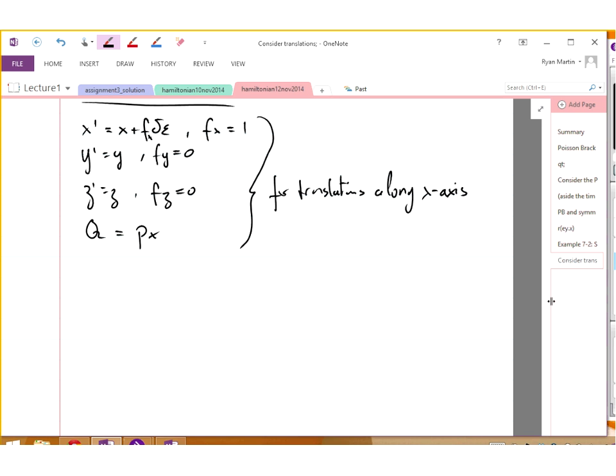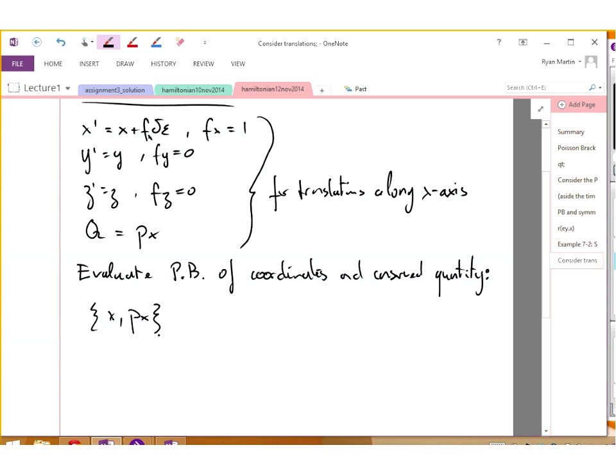So let's go again with our theme. Let's evaluate the Poisson brackets of the coordinates with the conserved quantity. So let's take the Poisson bracket of x with the conserved quantity, which is px.